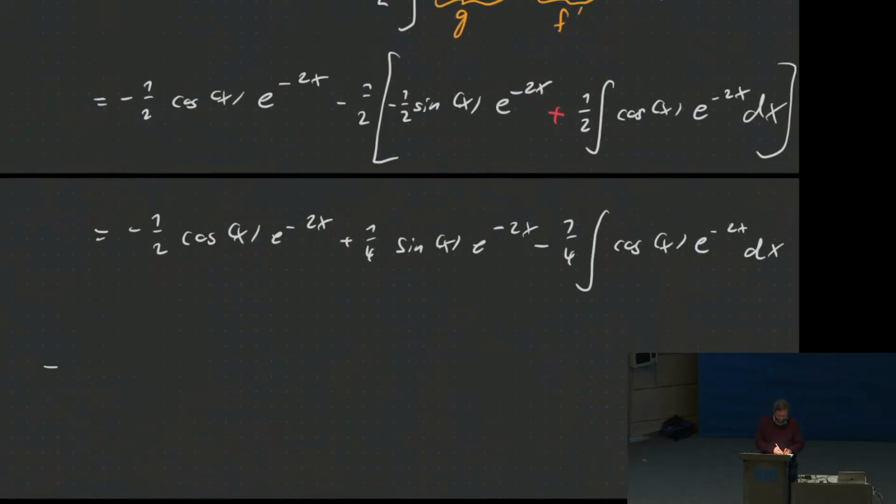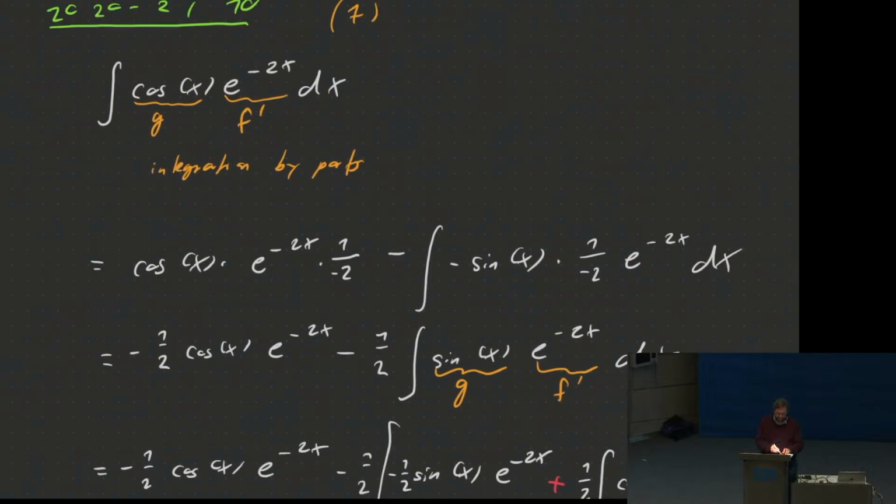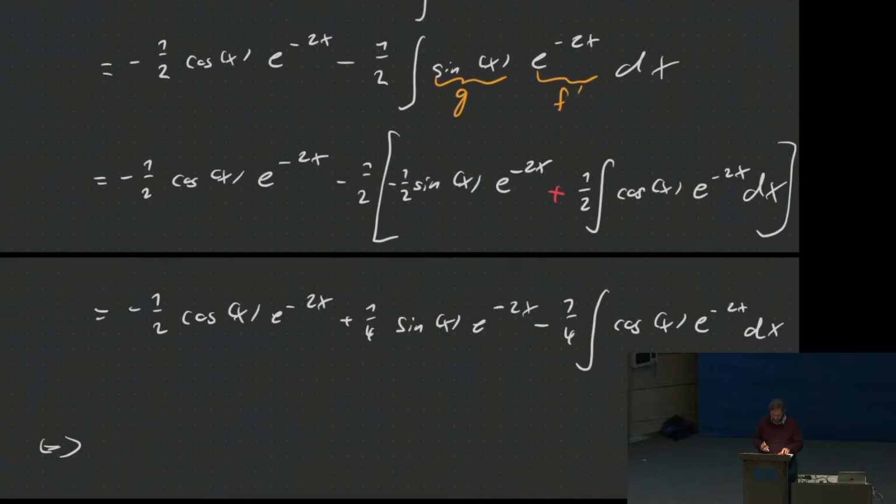And then I can solve. So on the left I have the integral. On the right I have this expression. I take that to the left by adding it on both sides. So on the left that means I get 5/4 times the integral.